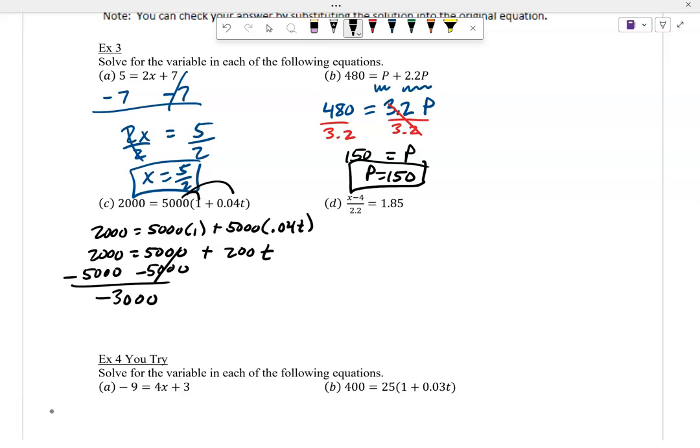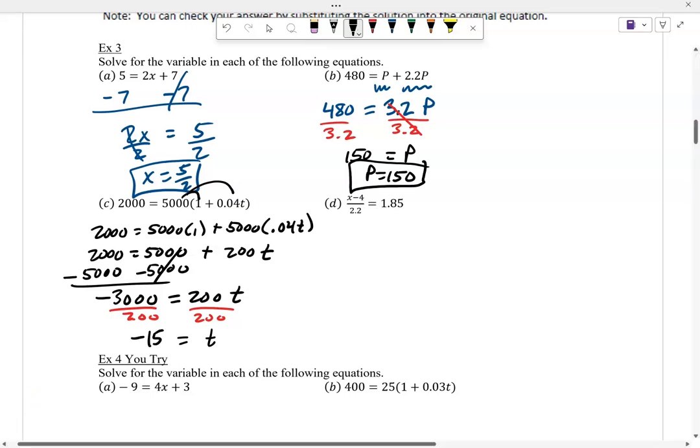Negative 3,000 equals 200t. And now get rid of the 200 there. Get rid of the girlfriend. So divide that out. 200 divided by 200. So I got 1t equals, and I divide negative 3,000 divided by 200. Negative 15 right there. There's our t.